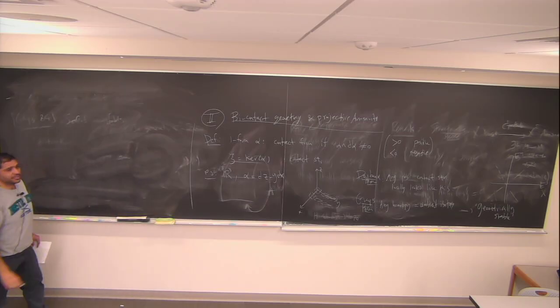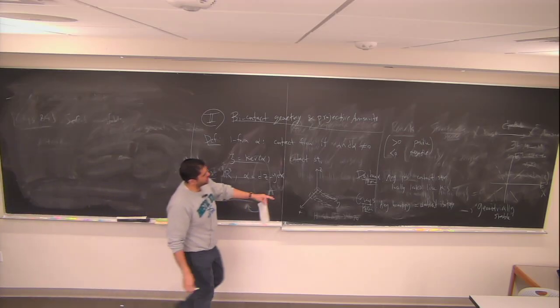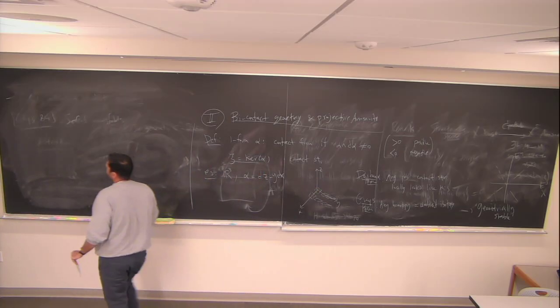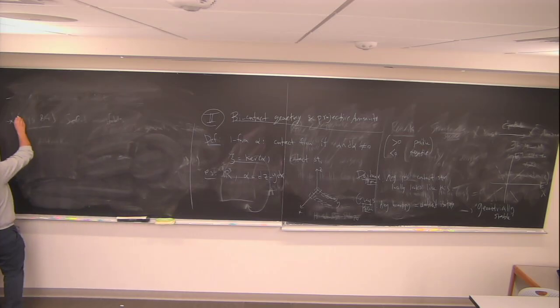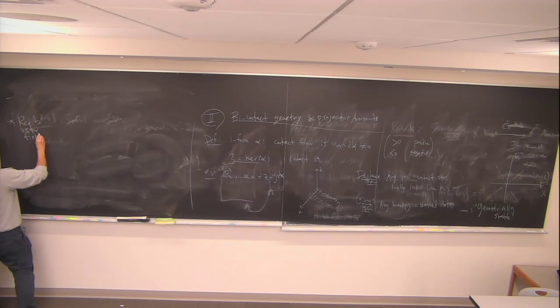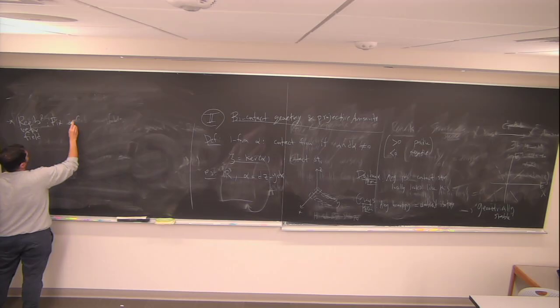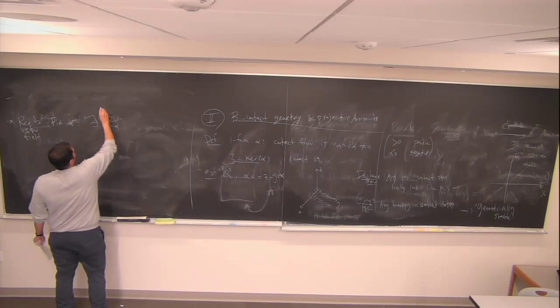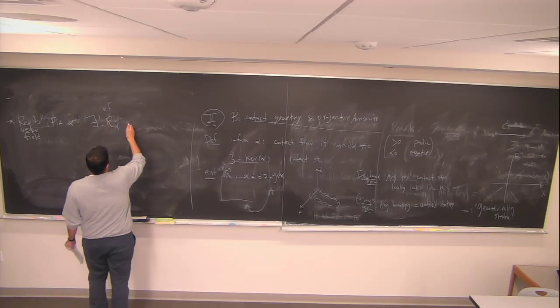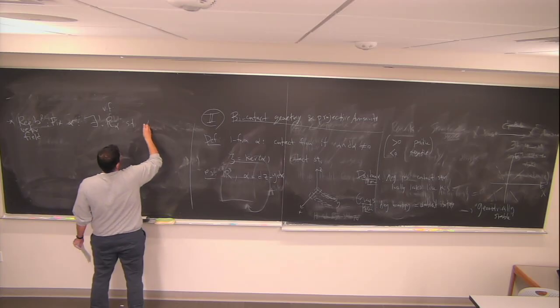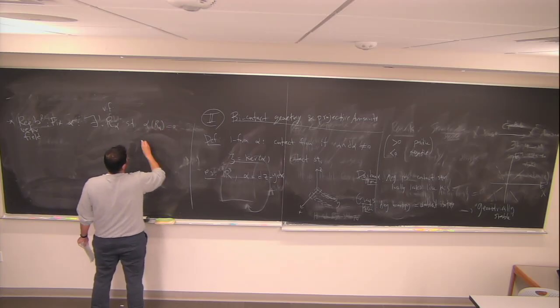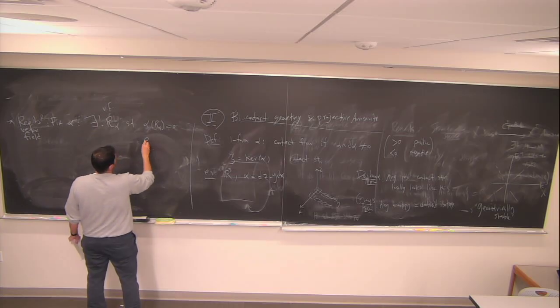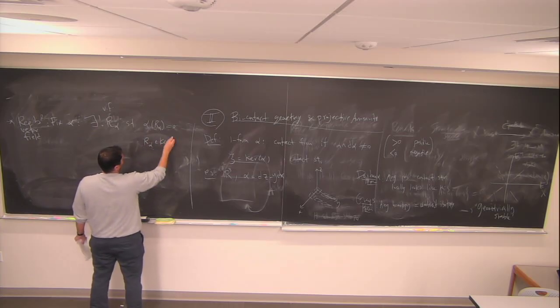Another useful definition is that there is a dynamical approach to the study of contact structures using a vector field, which is what we call a Reeb vector field. If I pick some contact form, then there exists a unique vector field R alpha such that alpha of R alpha is 1, and also this vector field is in the kernel of d alpha.